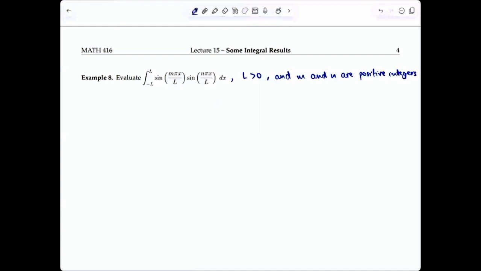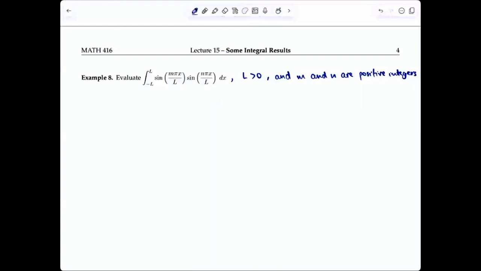So far we haven't specified the values of m and n. When you evaluate this integral, you have to break it down into two cases. One case when m is equal to n, and the other case when m is different from n. You will see that by making two distinct cases, the result of the integral will be different.